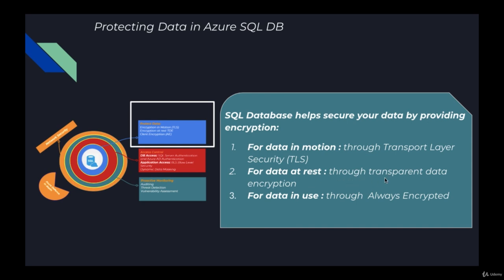As the name says, transparent means transparent to the application which is accessing the database. It does this by using AES or triple DES, encrypting the page files, and only decrypting when the data goes into memory. So this is how TDE works.